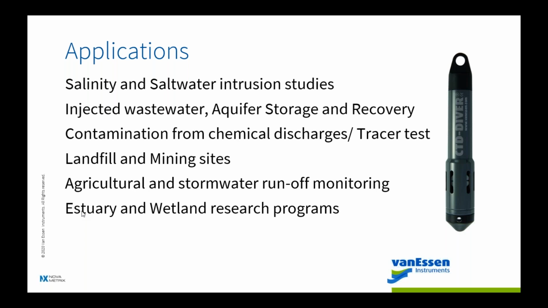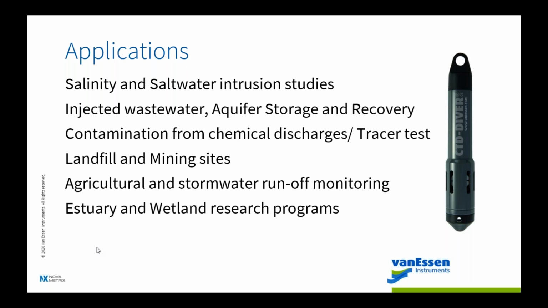Remediation sites from chemical discharge, and we know there are any number of remediation sites and Superfund sites all across the United States. You'll find on these sites tracer tests are quite common with bromine. The CTD is an excellent indicator of when these tracers hit their intended targets on these sites. Landfill and mining sites, agriculture and storm water runoff.